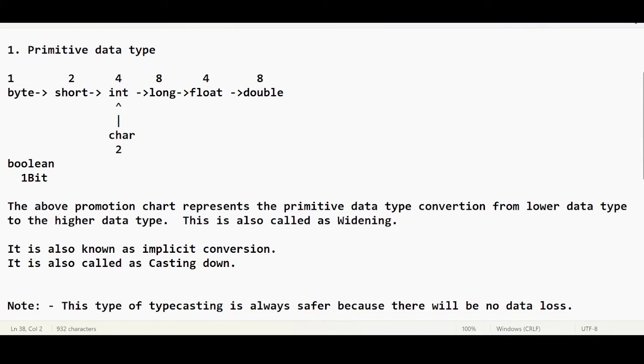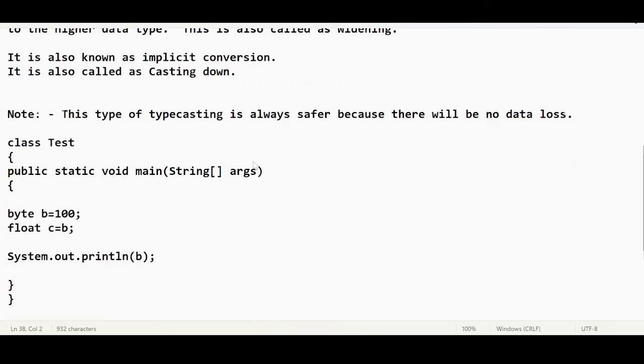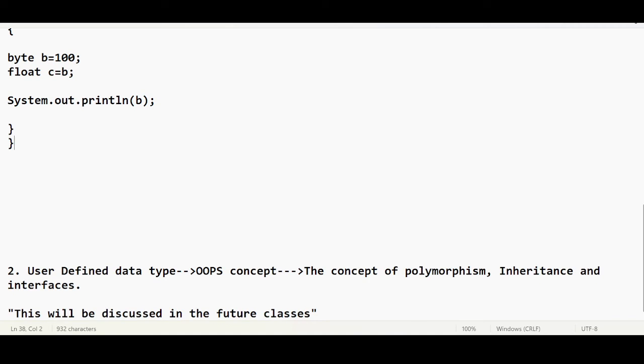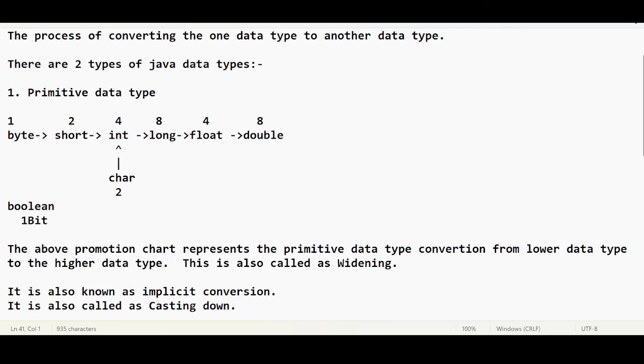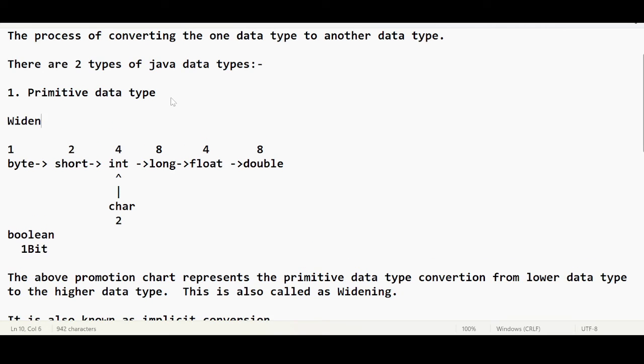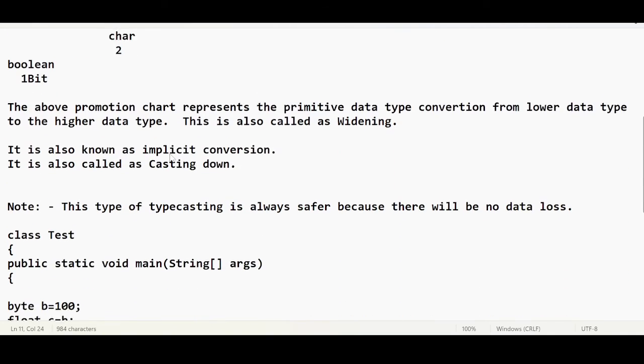Primitive data type, and we are talking about widening typecasting. Now the second concept is narrowing.